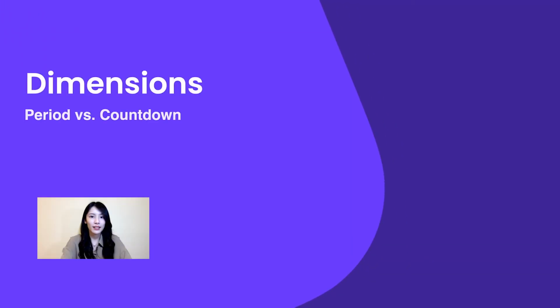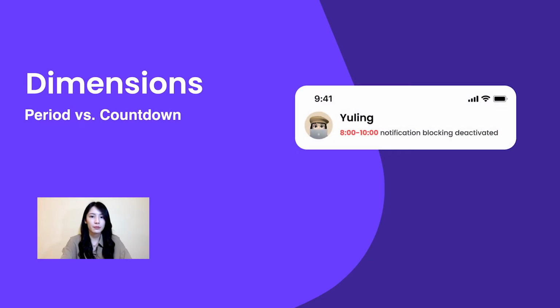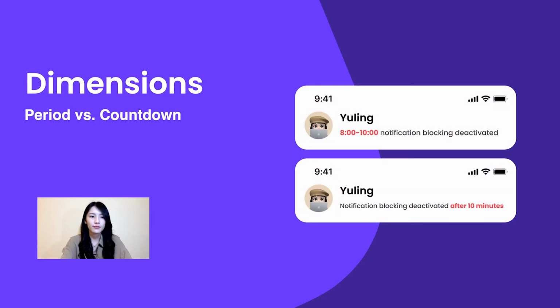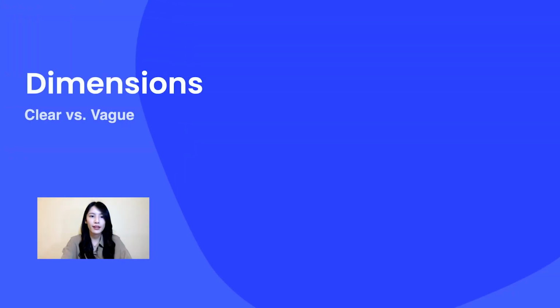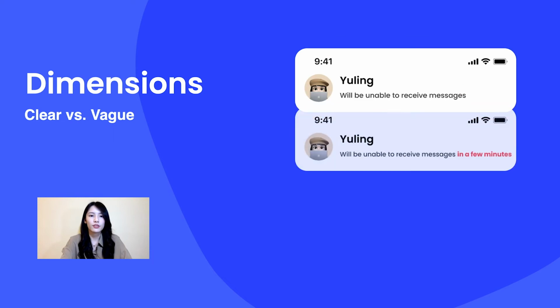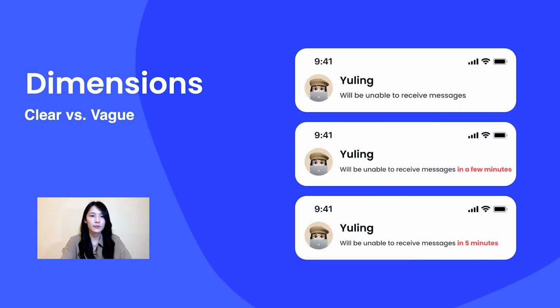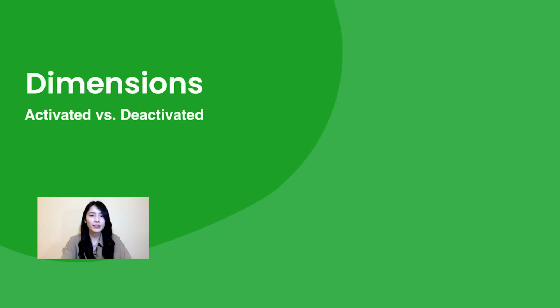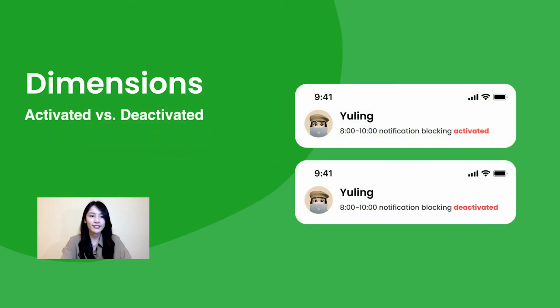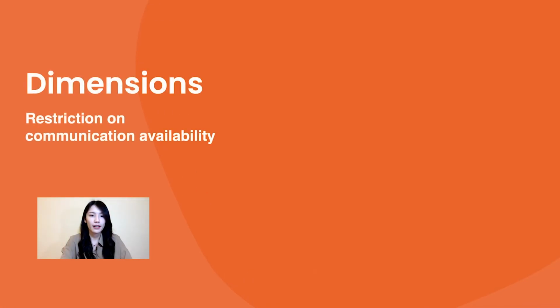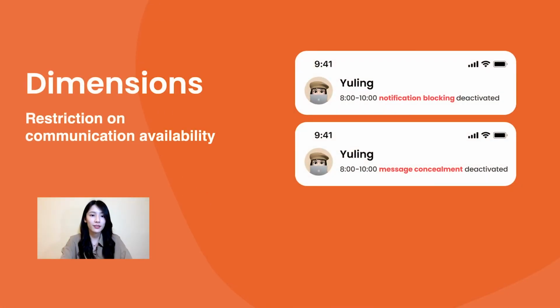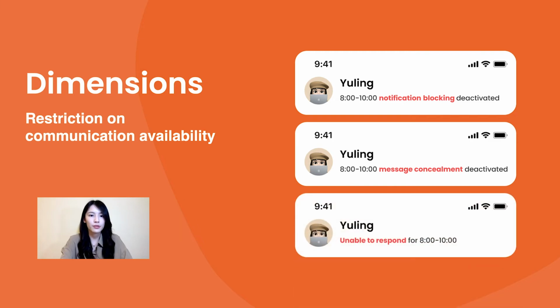And we created mockups along several dimensions, such as showing a specific period versus countdown, showing a precise time when the restriction will start or end, or a vague one, such as in a few minutes, showing the restriction being activated versus deactivated, showing that their notifications were blocked, their messages were concealed, or that they were unable to respond.